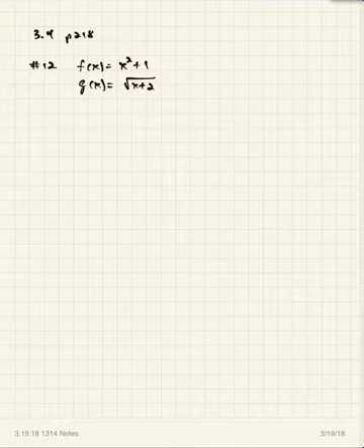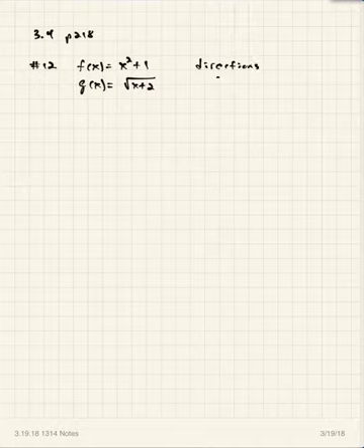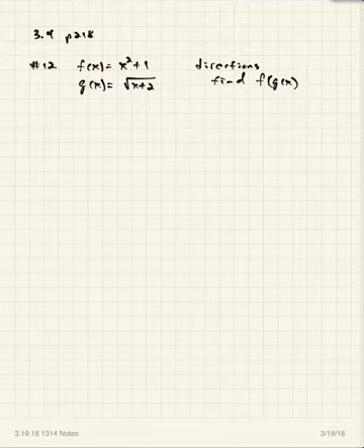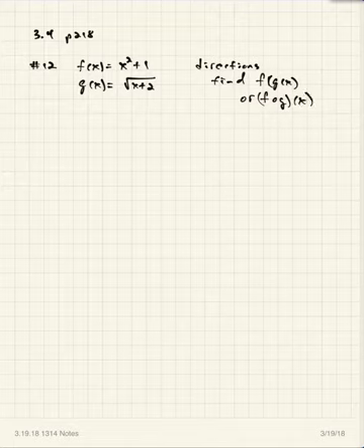Now the directions go like this. In the book, the directions say find f of g of x. Well, remember, that's the same thing as f circle g of x. So you'll see it written both ways. In WebAssign, you'll see it written both ways.